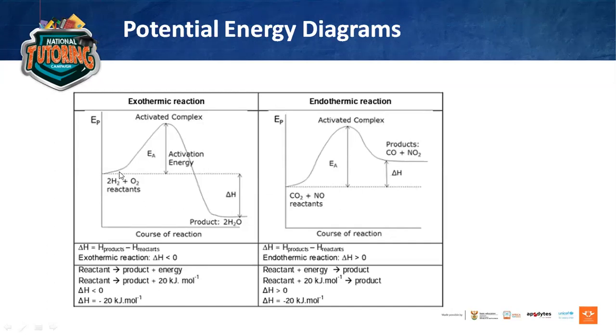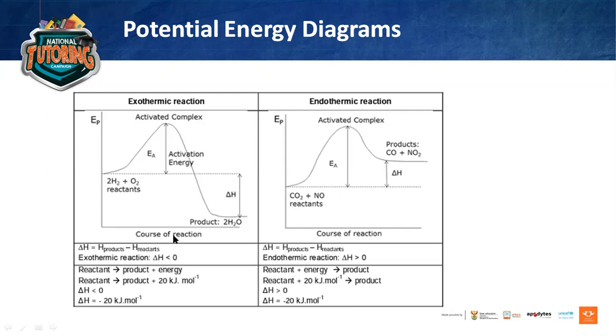Let's say this one is 5 and this one is 2, because it's lower, right? So if you're going to say 2 minus 5, it's going to give us a negative answer. So that's what they try to explain here. So you guys can just always remember that for exothermic, the heat is always less than 0.